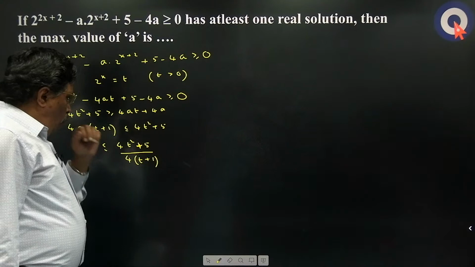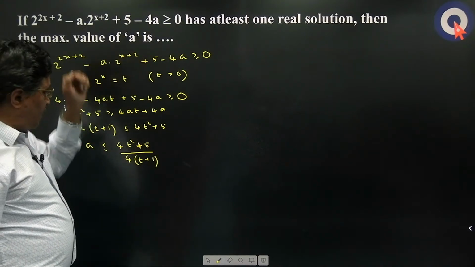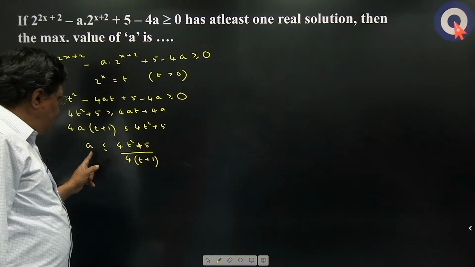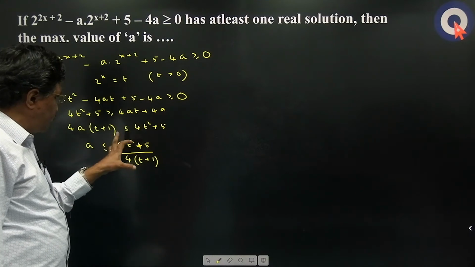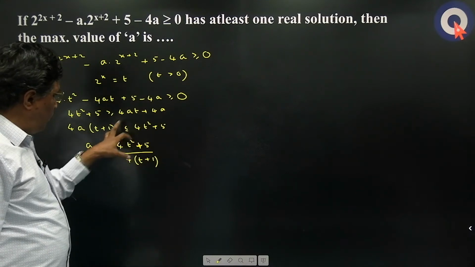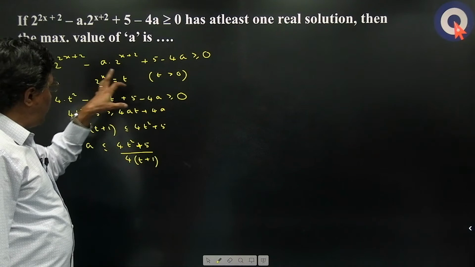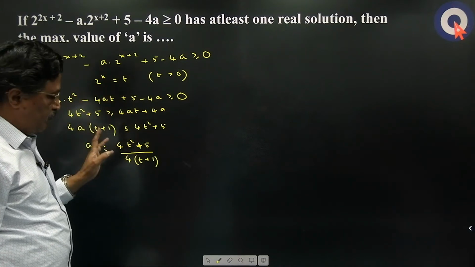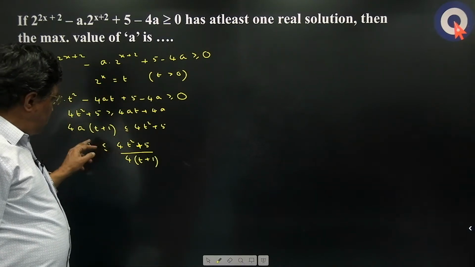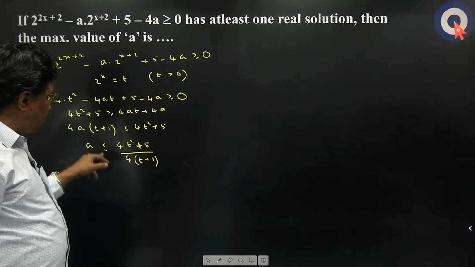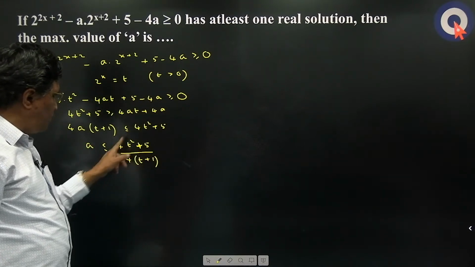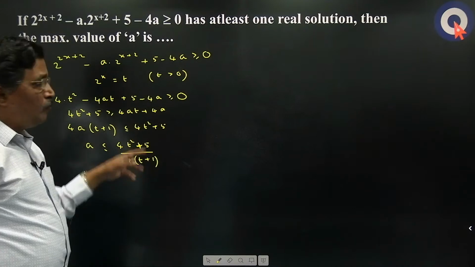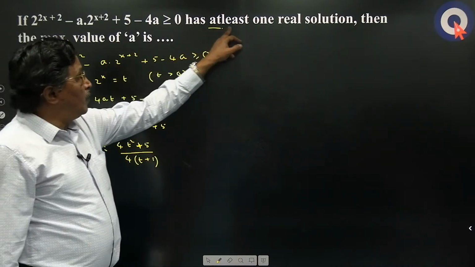This is a variable value depending on the value of t, or depending on the value of x. So if a is less than or equal to the least value of this expression, then we will have at least one solution.